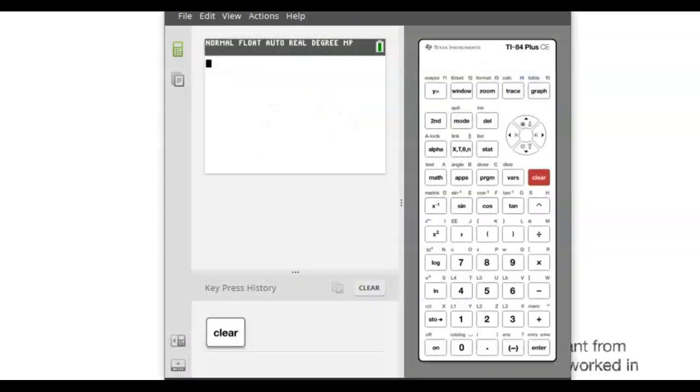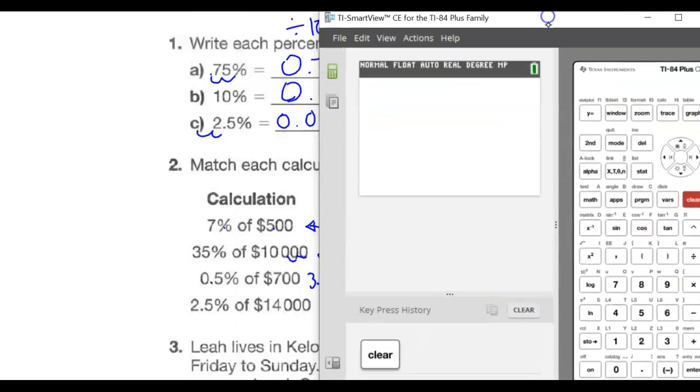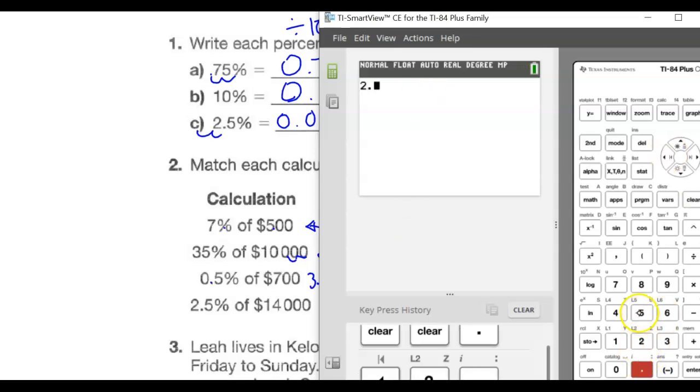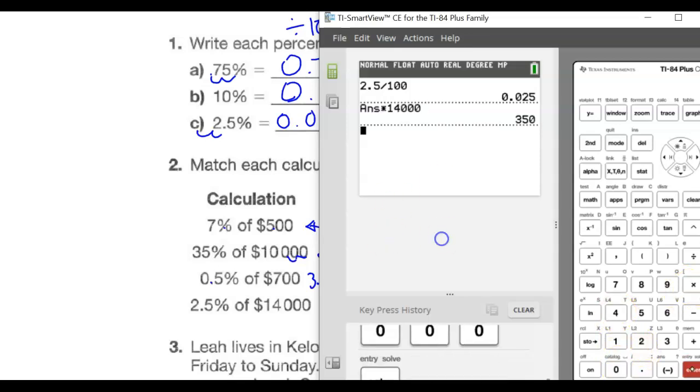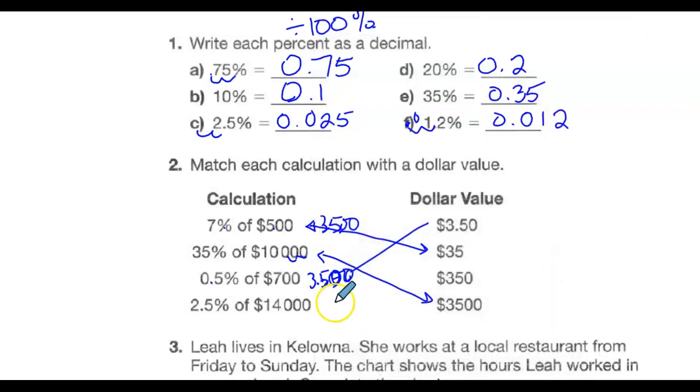But maybe let's use our calculator just to make sure, because it's a tougher one. So 2.5 divided by 100. I do that one step, and then times by 14,000. 350. Kind of makes sense. It's the last one there anyway.